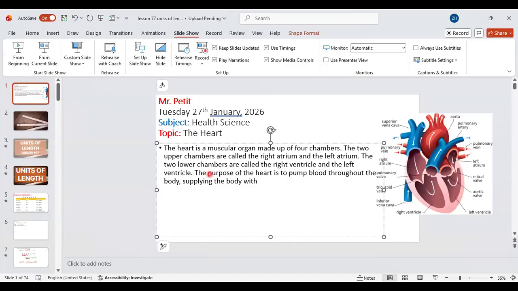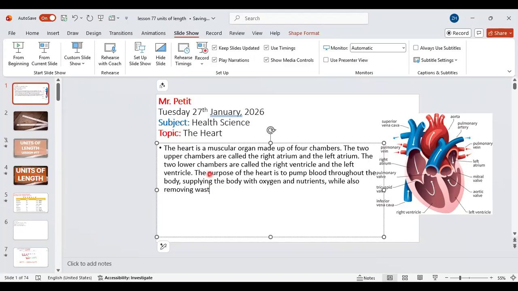Supplying the body with oxygen. And what else? Nutrients. Nutrients, very good. What else does the blood do? The blood also removes waste. It removes waste, while also removing waste.